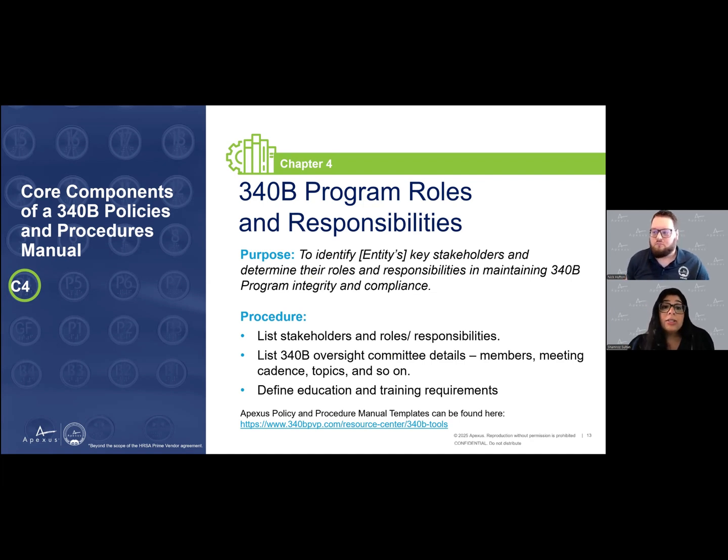This section is also good to highlight the entity's commitment towards 340B education and training, what the entity does to ensure that everyone who works with the 340B program is trained, what resources are used to train the staff, and how the training is specific to 340B roles.